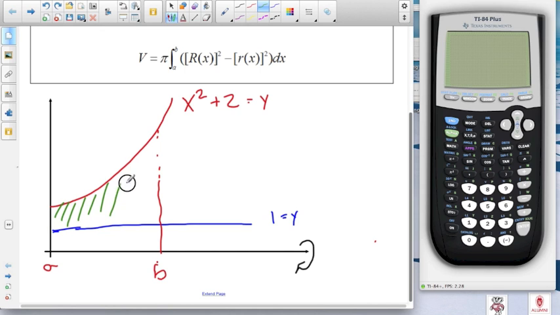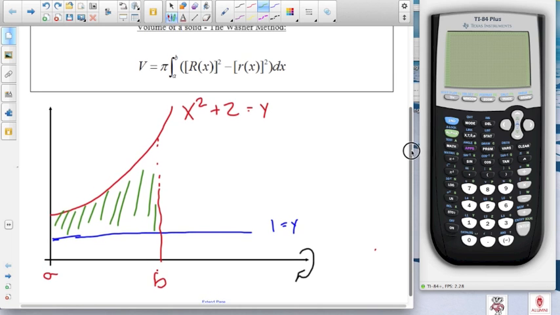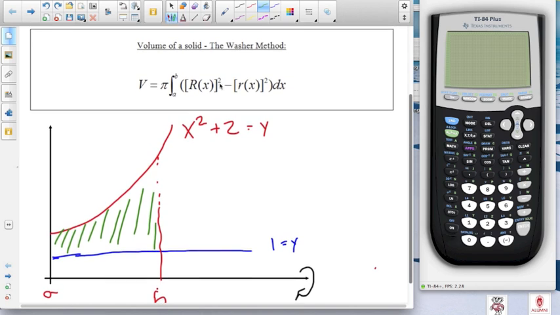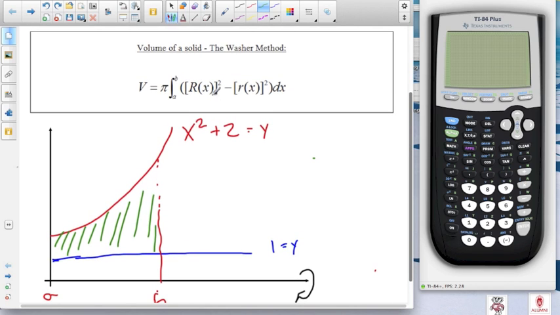And if you notice, that green region does not go all the way down to the axis of rotation. So when this green region is rotated about the horizontal axis, it leaves this hole in the center, which is why we call it the washer method. So in the washer method, we have two functions that are a part of the integral expression.